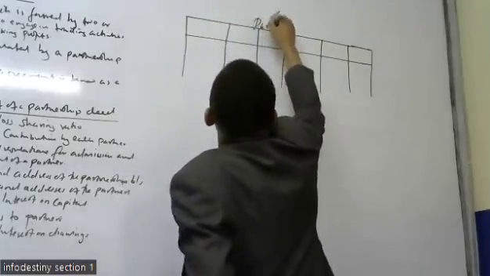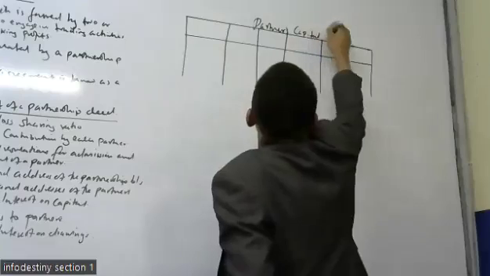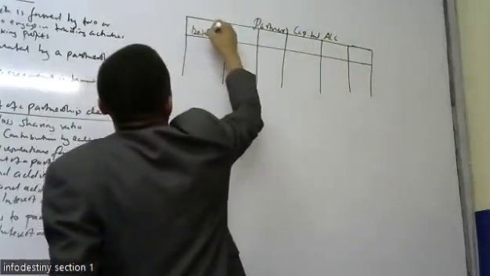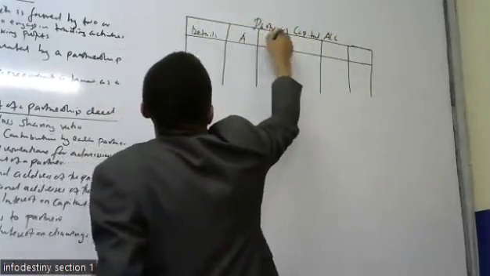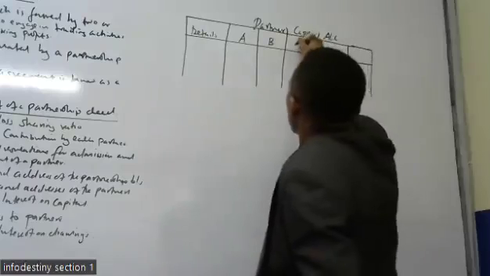This is the partners capital account. We have the debit side and the credit side. Details, you see, we use the same A and B as partners.